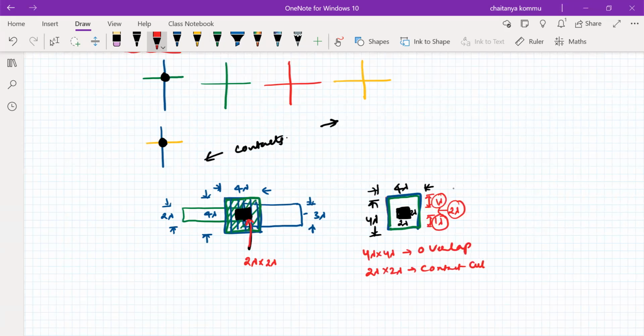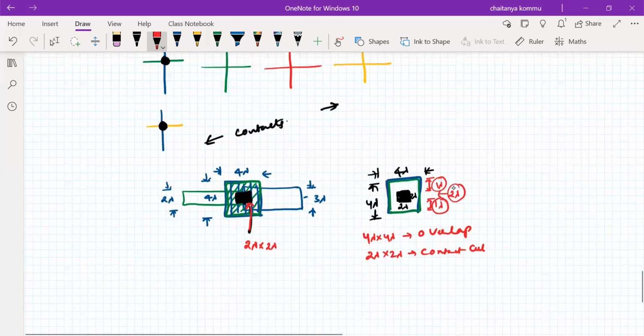Right? Okay, so this is how we have to do the contact cut for this.